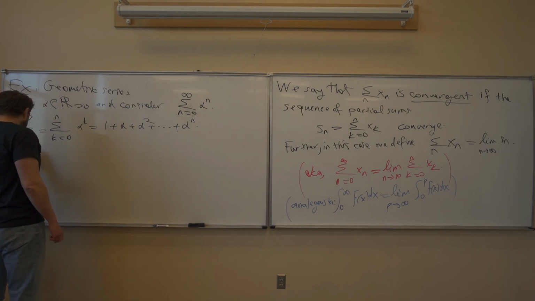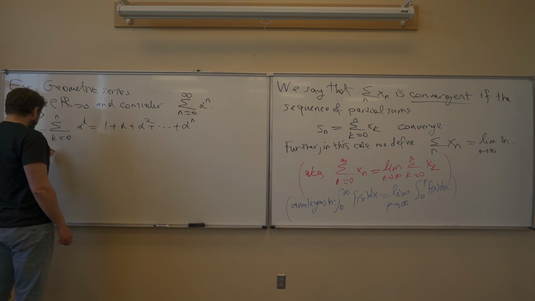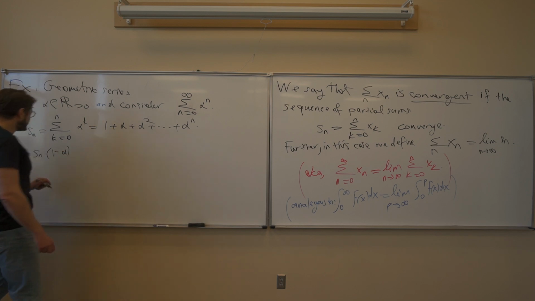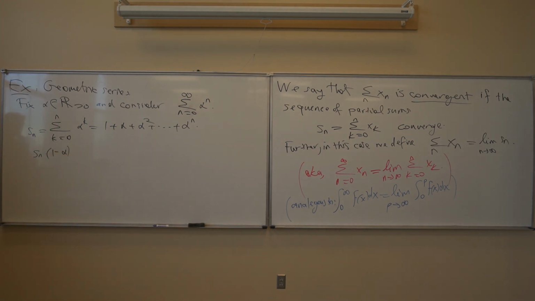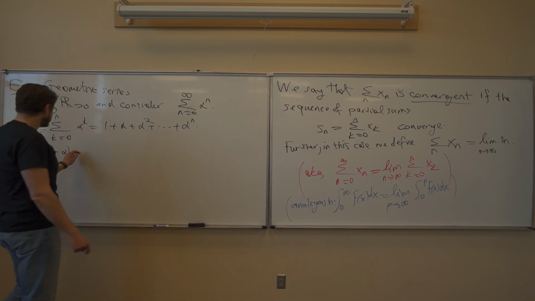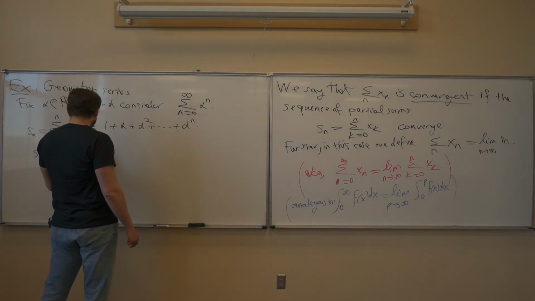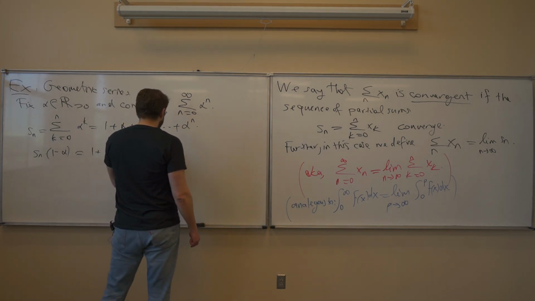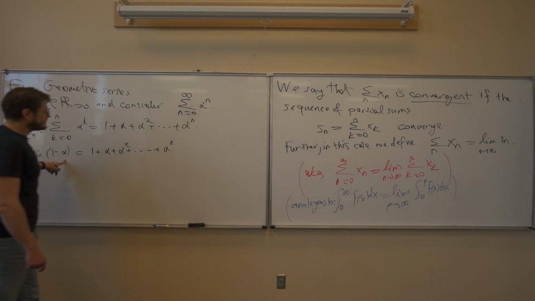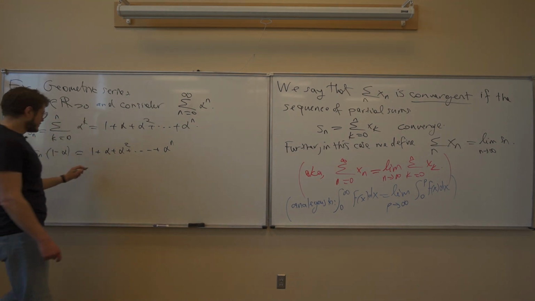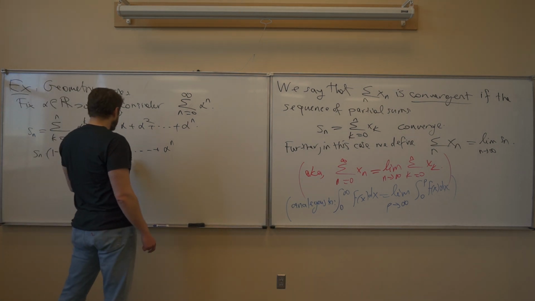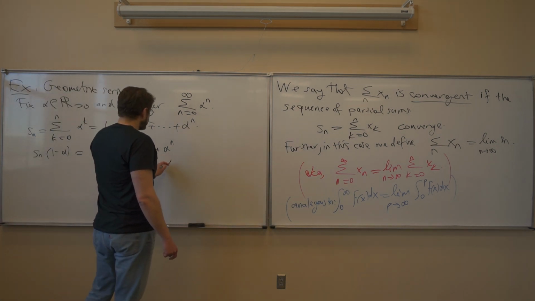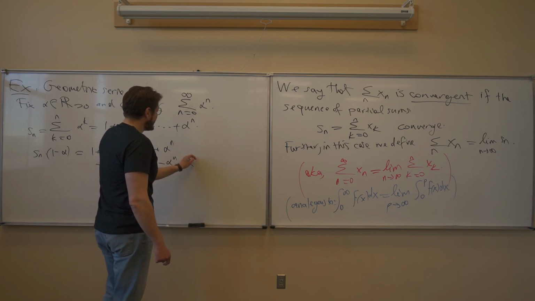And so what I can do is, if I were to multiply this by 1 minus alpha, there's going to be some cancellations. Opening this up gives me 1 plus alpha plus alpha squared plus dot dot dot plus alpha to the n, and then minus alpha times the same things: minus alpha minus alpha squared minus dot dot dot minus alpha to the n minus alpha to the n plus 1.